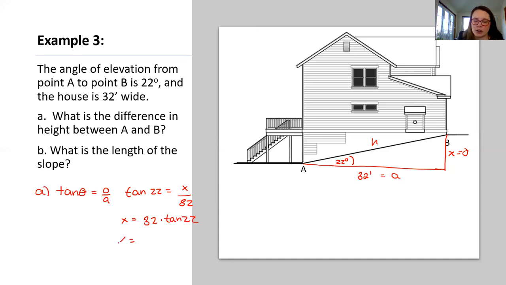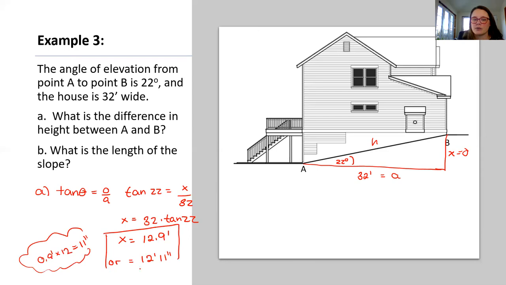Multiplying those together, X is equal to 12.9 feet, or some of you like to do feet and inches, 12 feet 11 inches. Okay, there's the conversion if you happen to want it, but this is our final answer. So that's the change in elevation.